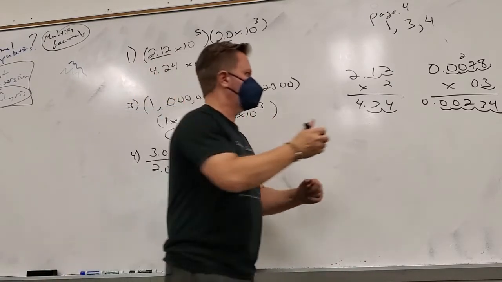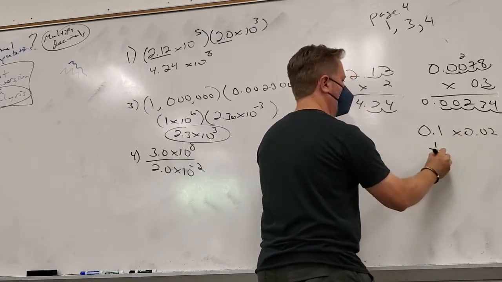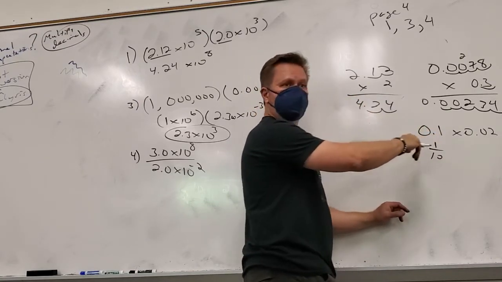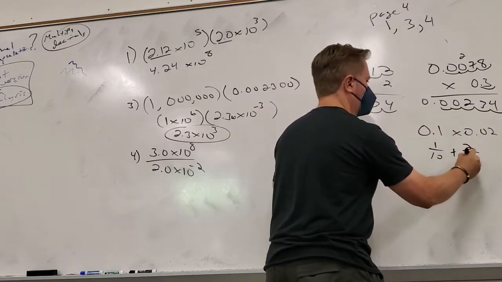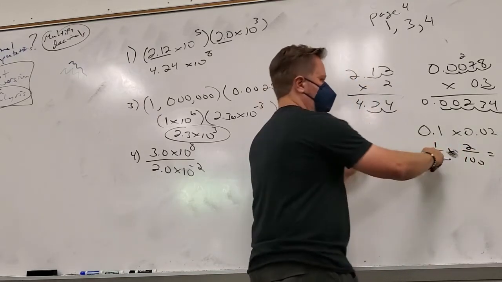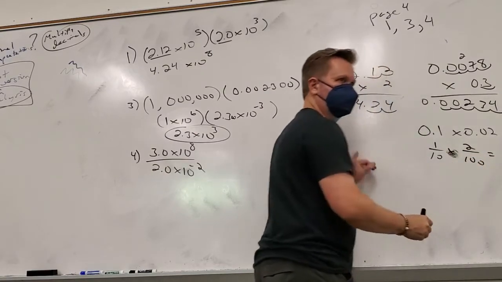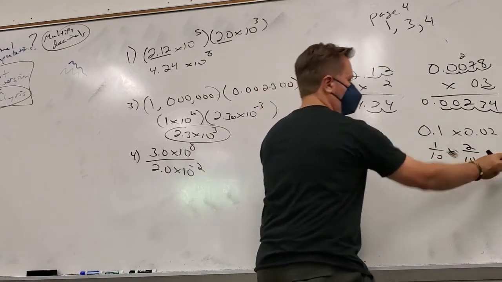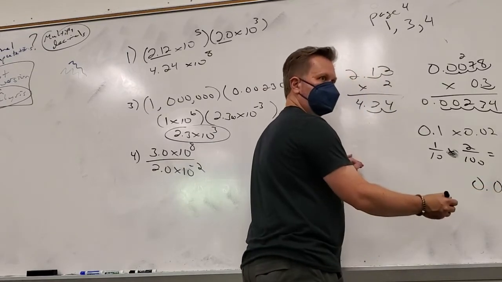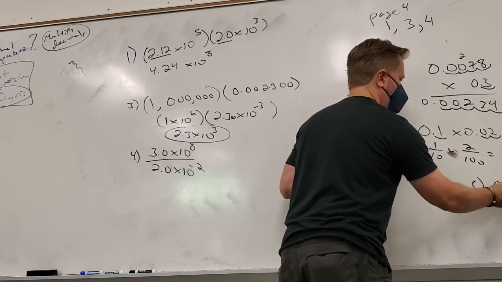Now, if I had time, I would show you something like 0.1 times 0.02. Isn't that 1/10? 1/10 is in the tenths place. And isn't that 2 hundredths? Isn't 1 times 2 2? Isn't 10 times 100 1,000? So 2 thousandths is tenths, hundredths, thousandths: 1, 2, 3.